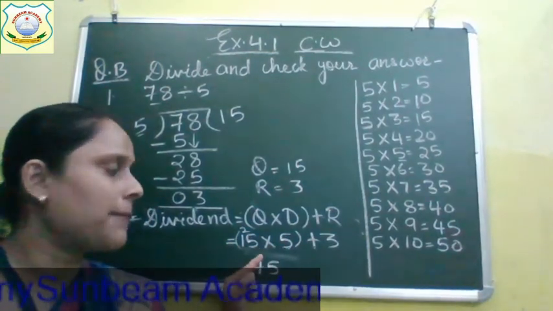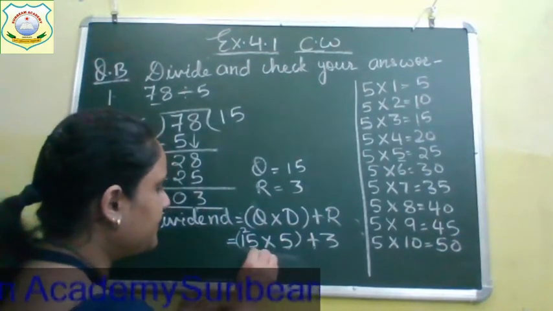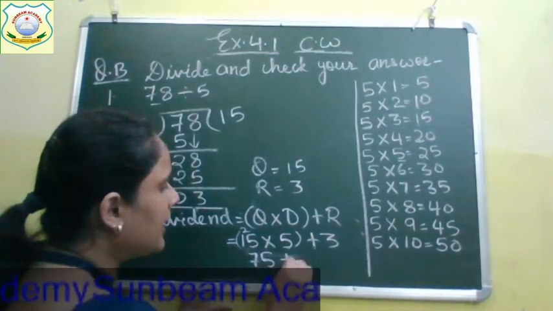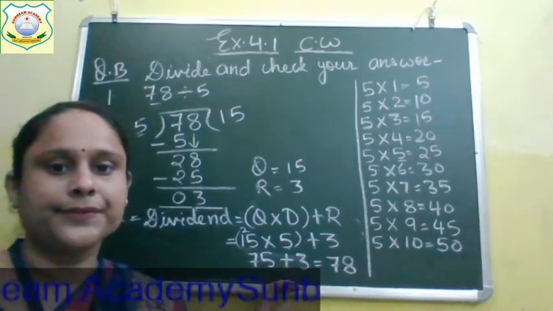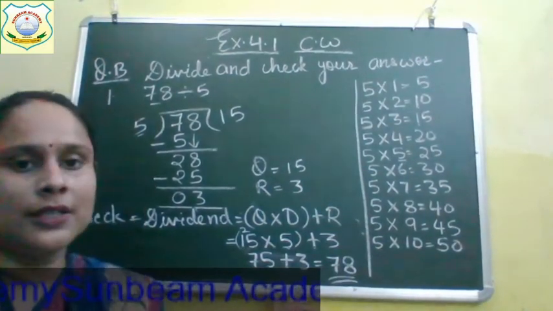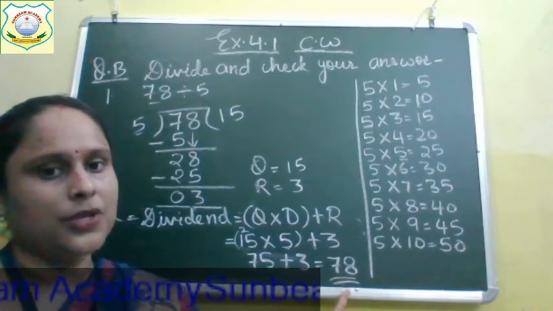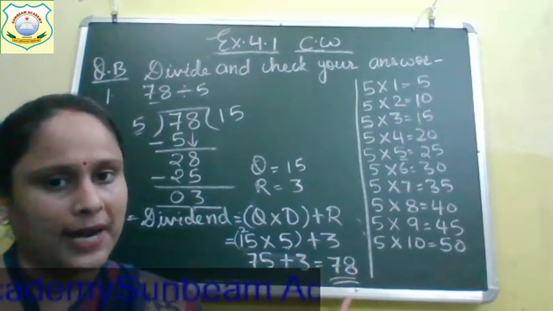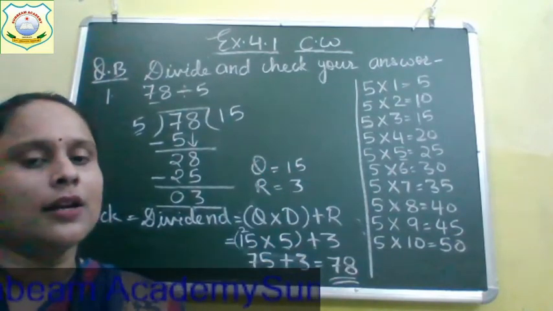Now 15 times 5 you got 75, plus 3 is equal to 78. So the dividend has come. 78 was our dividend and the dividend has come. So our answer has come. Okay, so this was divide and check your answer.